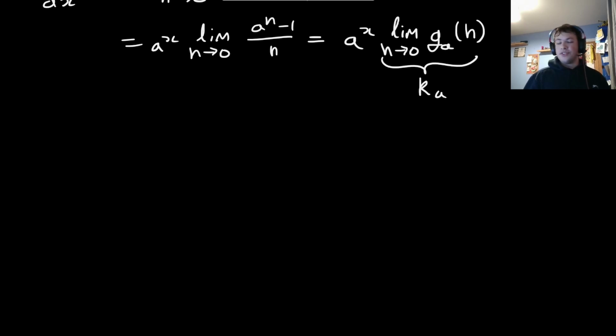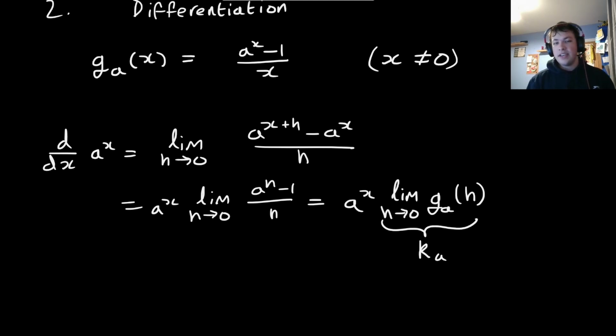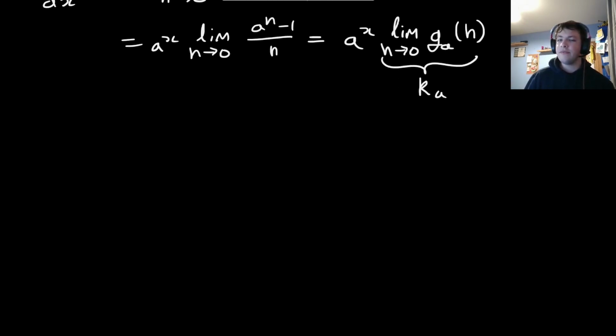But first, we have to show that ka exists, which is a bit awkward, but not too bad. So we know that g is continuous outside of x equals 0, because this is just a normal function. A to the x, we've said, is continuous. Subtracting 1 is fine. Dividing by x is fine for x not equal to 0.